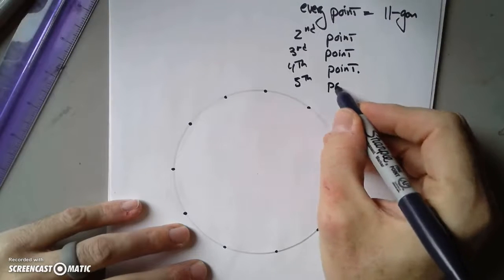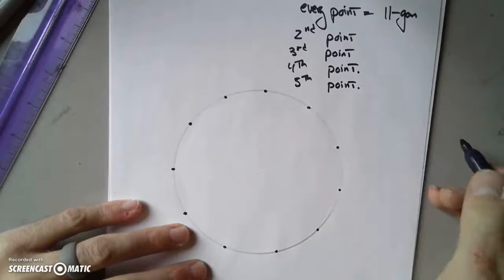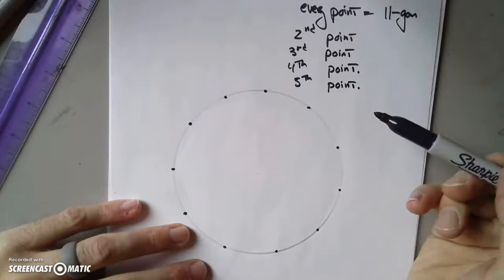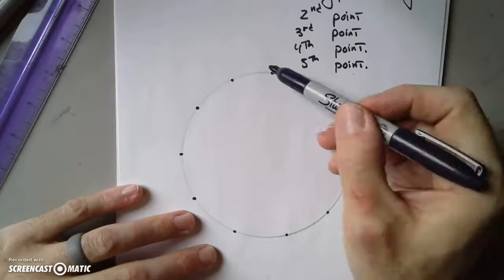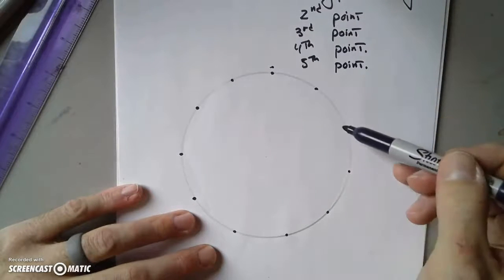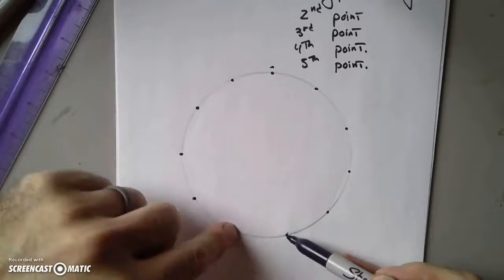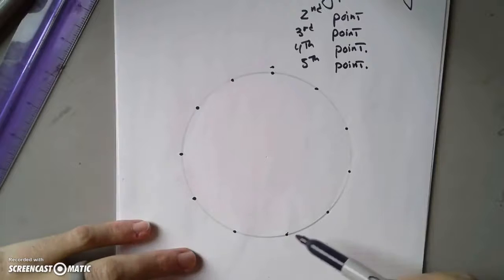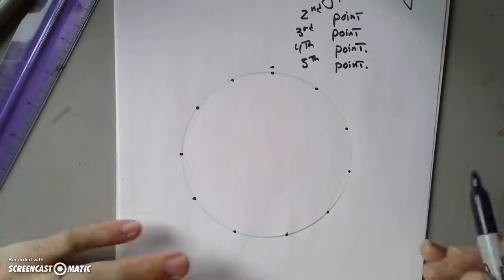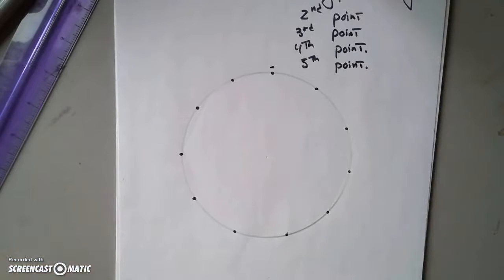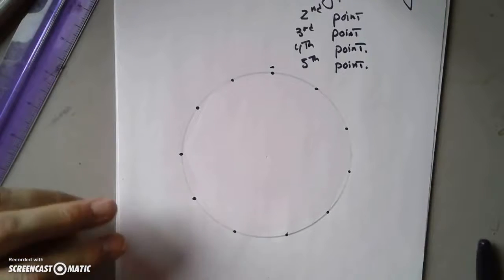And every fifth point is going to give me a star. Not every sixth point, because every sixth point is like every fifth point. Right, so if I were to start here and go 1, 2, 3, 4, 5, that's like going 1, 2, 3, 4, 5, 6 in the opposite direction. So the rest will just repeat. So this gives me 4 possible stars for the 11-gon.